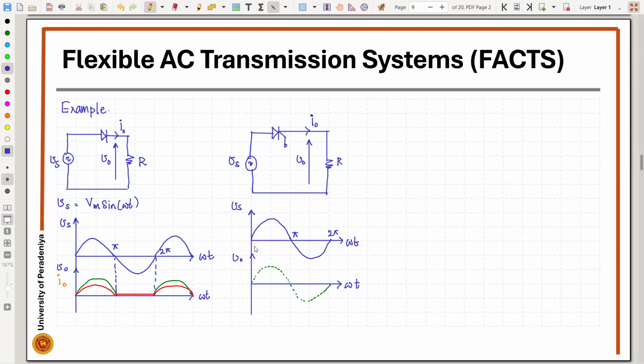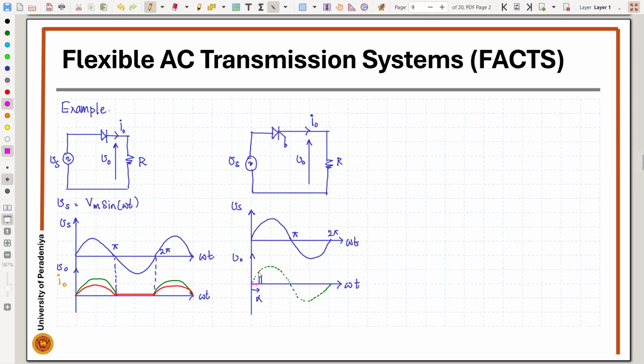When there is a positive voltage, it will wait till the firing signal or gate signal is provided. If I provide the gate signal at angle alpha, till then the voltage is going to be 0. So you have a 0 voltage until that firing signal comes.